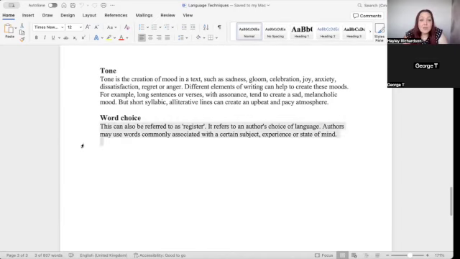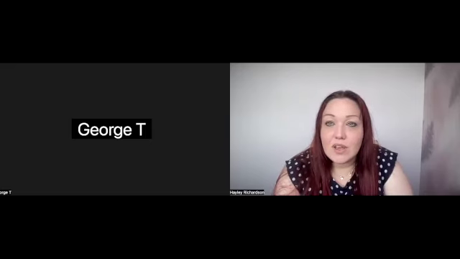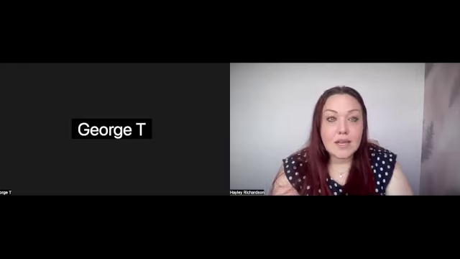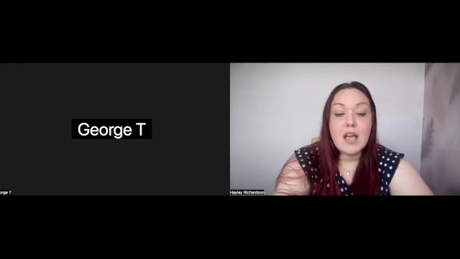So as we're on to word choice, I'm just going to stop sharing with you now, and we are going to go on to our ambitious vocabulary. So now this does say in the mark scheme, which we will get to, GCSE ambitious vocabulary.